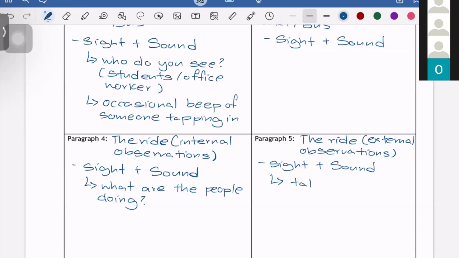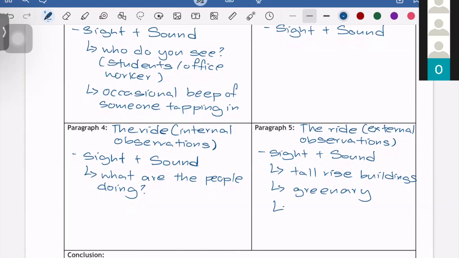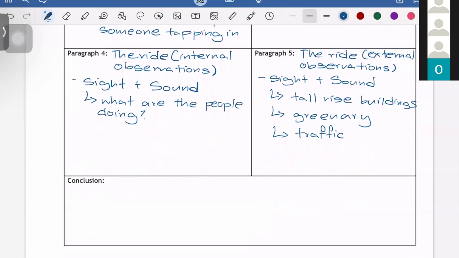So your tall-rise buildings, greenery. You can also mention the traffic as well. And then conclusion, focus on your feelings. This is your reflection on the whole journey.